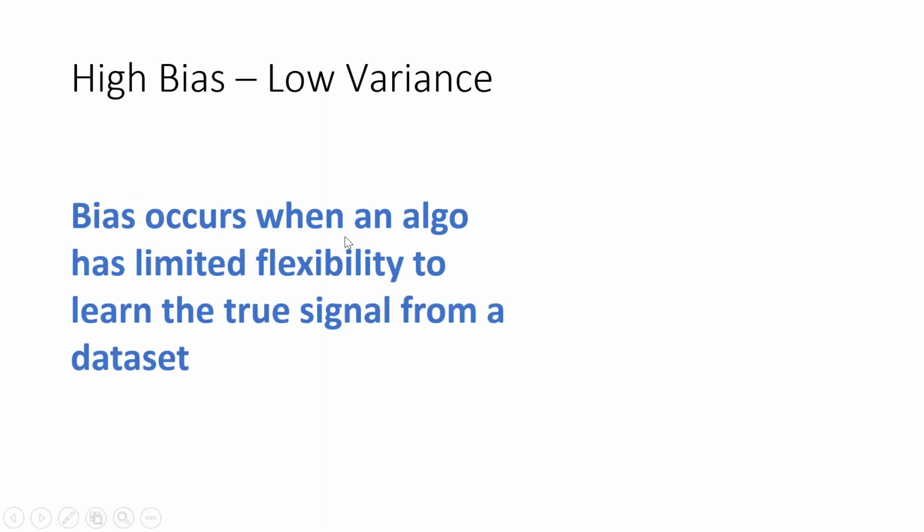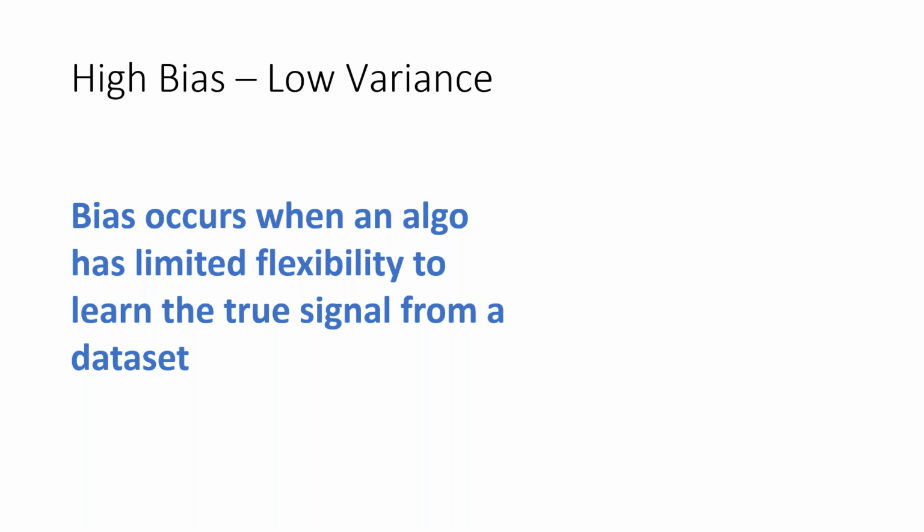So there is a set of algorithms we call high bias, low variance algorithms. Bias occurs when an algorithm has limited flexibility, like using y equal to beta 0 plus beta 1x for a problem where the data follows some hyperbolic kind of curve. Then you are using a high bias, low variance algorithm, because this y hat equal to beta 0 plus beta 1x, no matter how much data you give it, will always represent a slanted straight line.